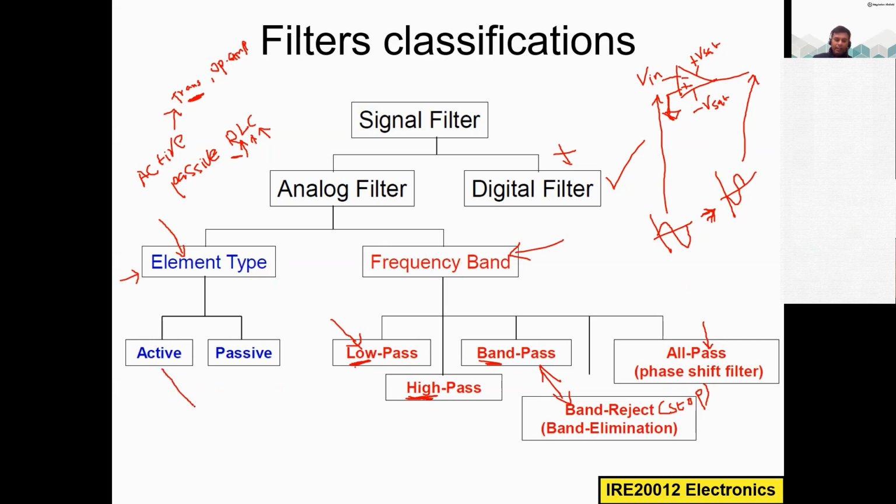We call it an active low pass filter if we design the low pass filter using active components, and a passive low pass filter if we design it using passive components like RLC. When we talk about active, we are using transistors and operational amplifiers, together with passive components.